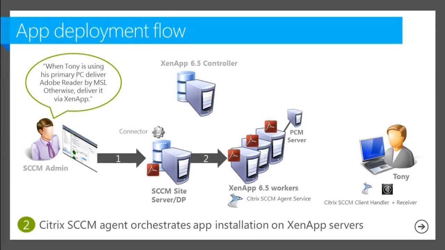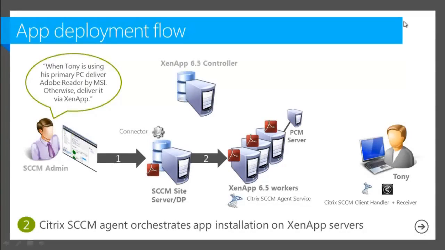So they basically relinquish software distribution unless a third-party agent, in this case Citrix, tells it to do app deployments. So we take advantage of that by making sure that the deployment happens only when there are no users logged in, only when we're within a maintenance window, and only obviously when we have something to install.